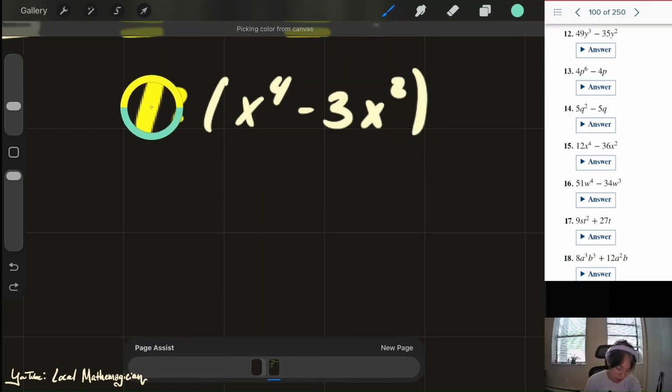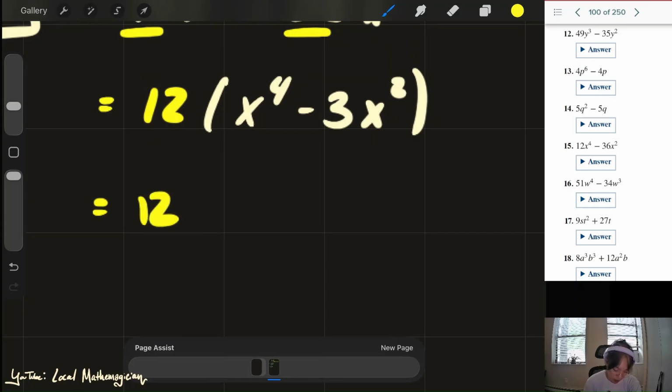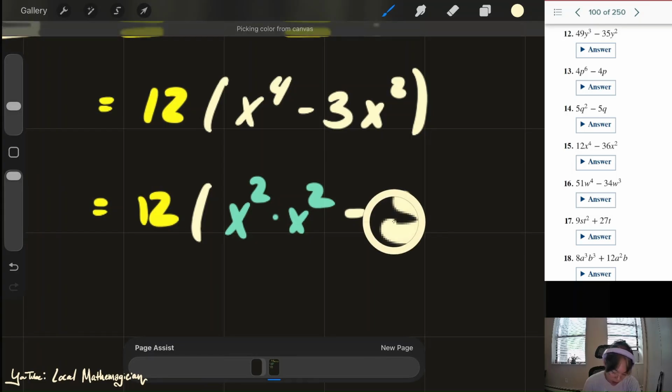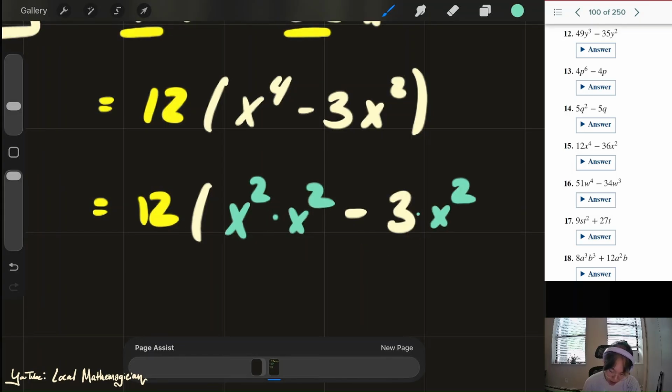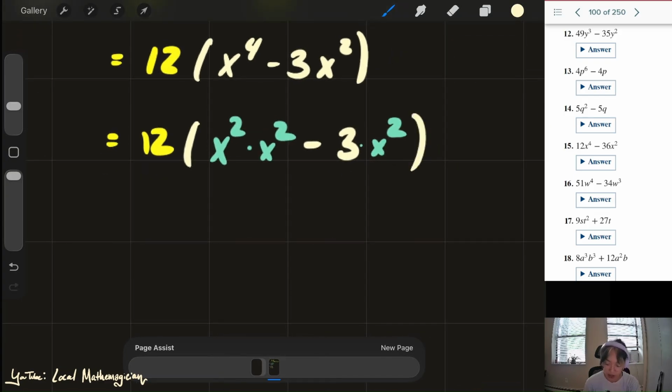And by that, I mean this is equal to 12 times x squared times x squared minus 3 times x squared, right? If it helps you to write it out like that, I encourage it, okay? Once you see this, you're like, oh, I could pop those x squareds out.